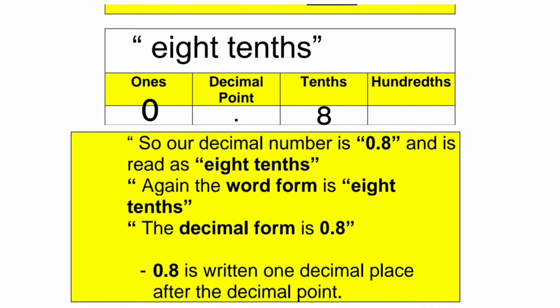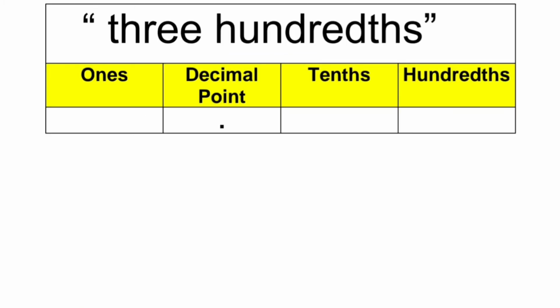and it is read as 8 tenths. Again, the word form is what? Okay, 8 tenths. So the decimal form is 0.8. So class, 0.8 is written with one decimal place after the decimal point. Remember that, class? So the next word is, can someone read? What is it? Okay, Maria, what's next? Okay, 3 hundredths.